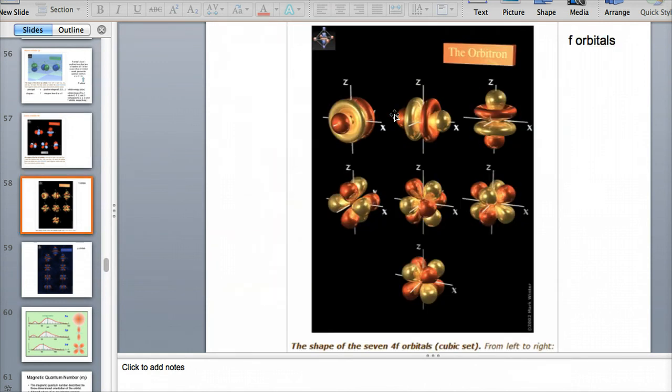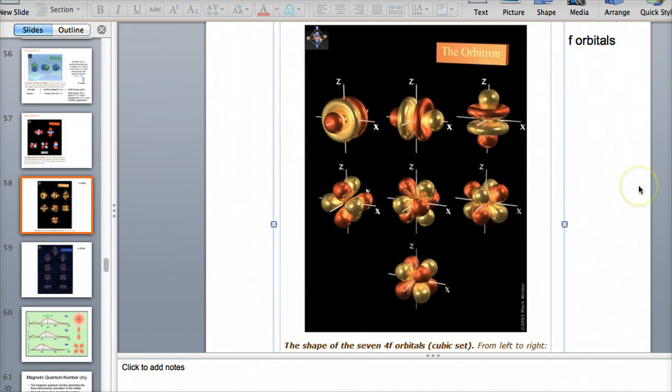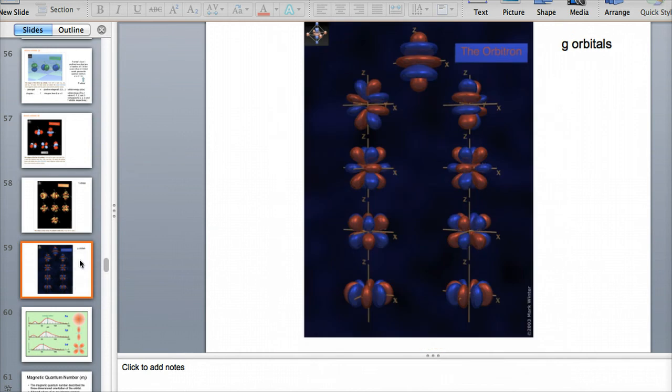And then we have our f orbitals, which have 3 preferred axes. And then, of course, we have the theoretical, but it's not theoretical. Electrons can exist there if they're excited. The g orbitals are mathematically defined shapes from the wave mechanics model.